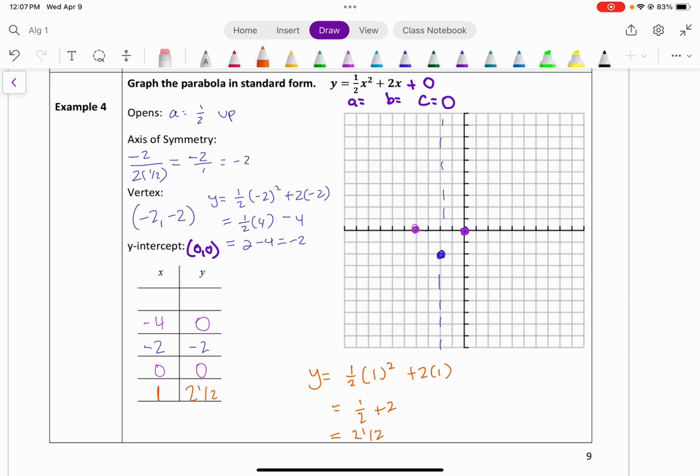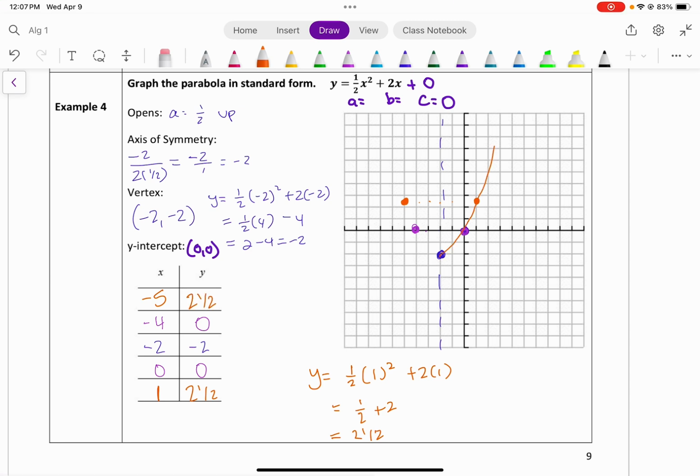Over 1, up 2.5 would be about right here, and I can mirror that. It's 3 to the right, so I'm going to go 3 to the left. Here's the point (-5, 2.5).